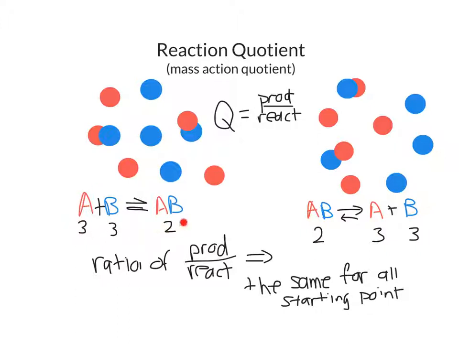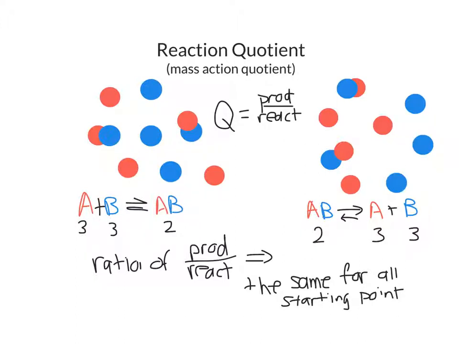The number of products relative to the number of reactants tells us something about a particular reaction and how strongly it goes in the forward direction relative to how strongly it goes in the reverse direction. If the stability of the reactants is greater than the stability of the products, then the reaction is going to go much more likely in the reverse direction to form more stable reactants than products.